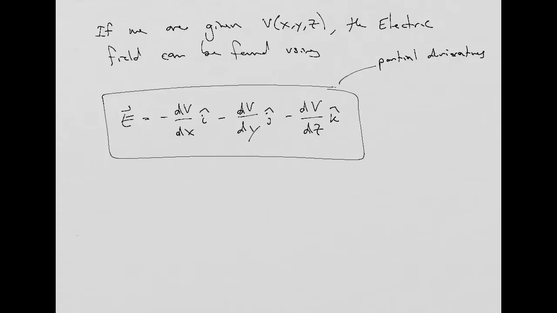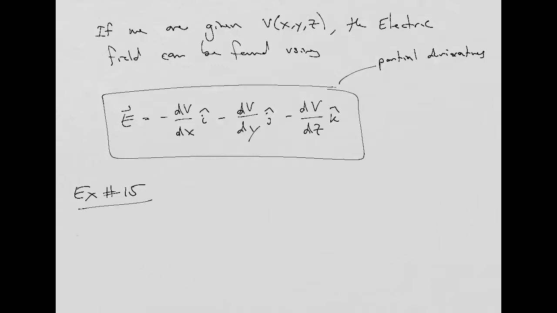Let me do a quick example. So if you can compute one derivative, you can find the electric field. Now, let's do one example to wrap it up, example number 15.